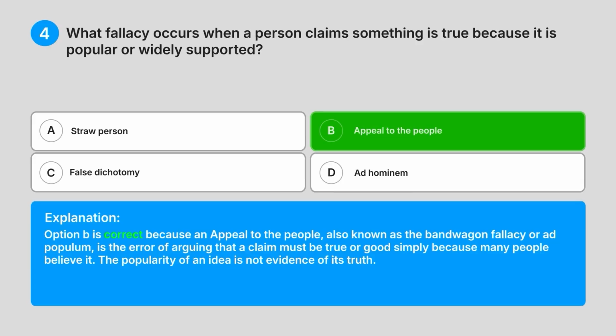Explanation. Option B is correct because an appeal to the people, also known as the bandwagon fallacy or ad populum, is the error of arguing that a claim must be true or good simply because many people believe it. The popularity of an idea is not evidence of its truth.